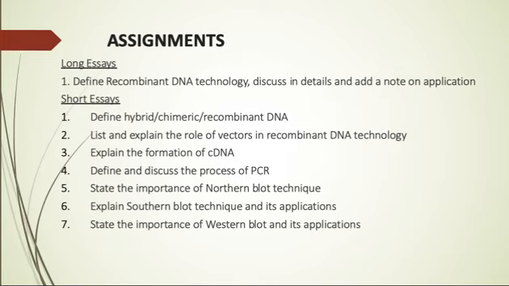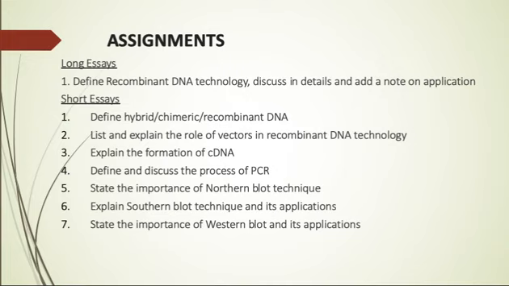Explain the formation of cDNA, define and discuss the process of PCR. Then state the importance of the northern blot technique, explain the southern blot technique and its applications, state the importance of western blot and its applications.